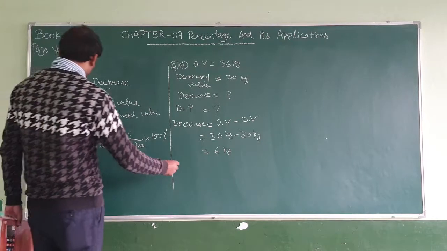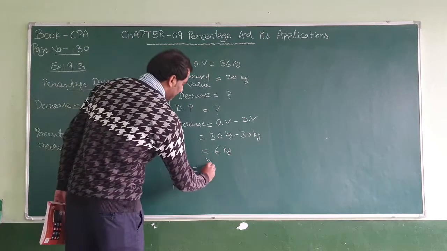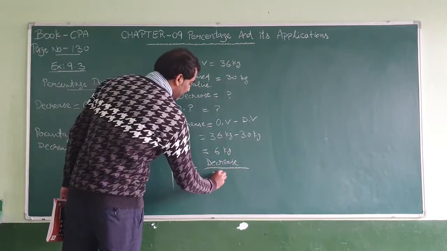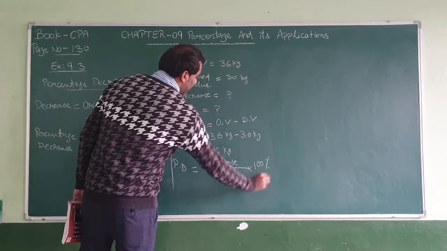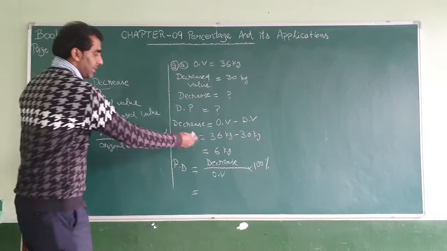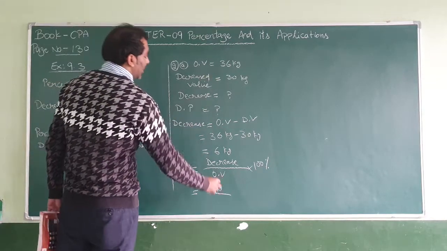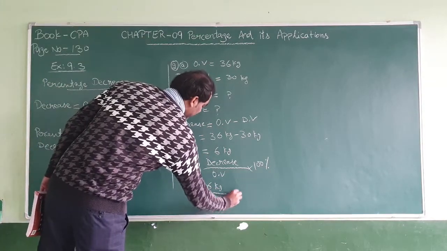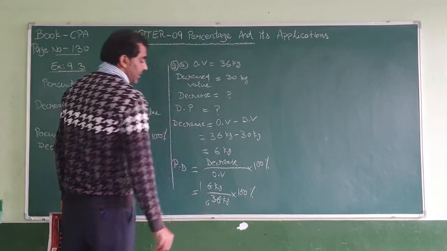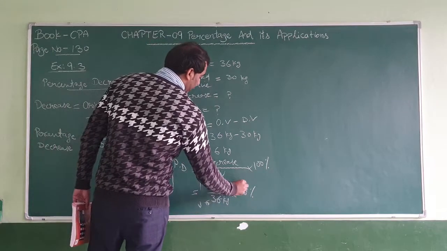Now for percentage decrease, the formula is decrease upon original value multiplied by 100%. The decrease is 6 kg upon original value 36 kg, multiplied by 100%. Six sixes are 36, so cancel.